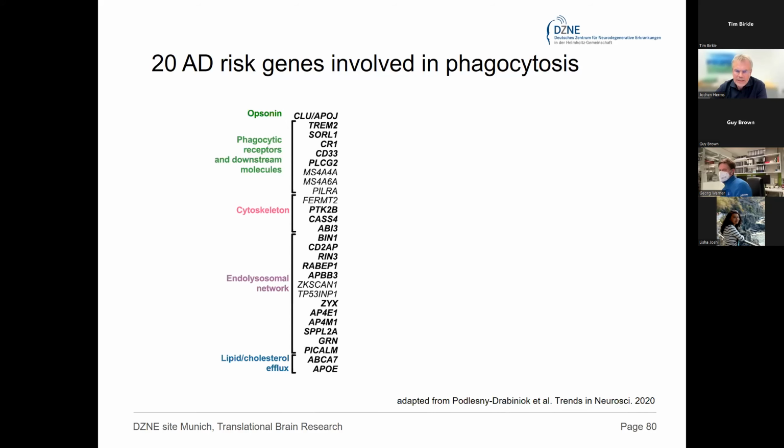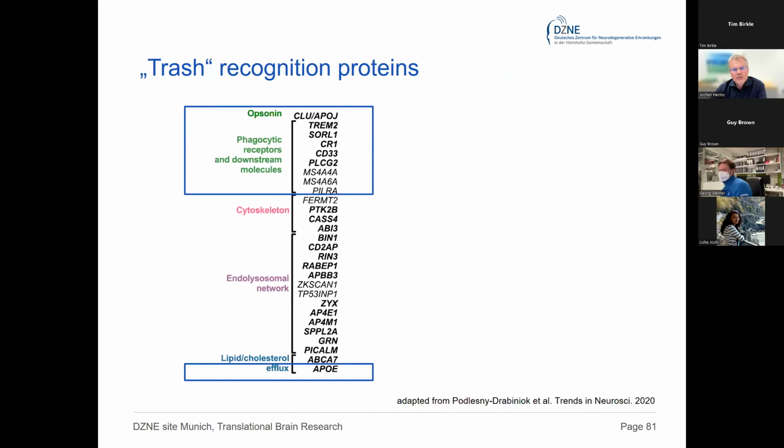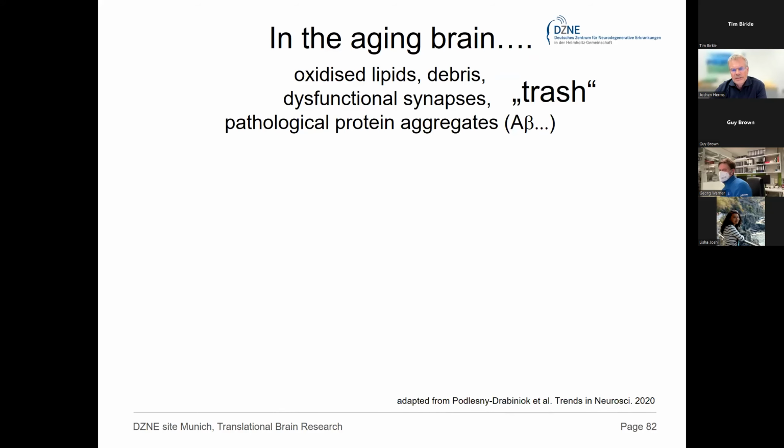And you can put them in various groups: opsonins, phagocytic receptors and downstream molecules, cytoskeleton, endosomal network, and lipid cholesterol efflux. I would like throughout my talk only point to these so-called trash recognition proteins, which are already obviously very important, linking microglia function to Alzheimer's disease.